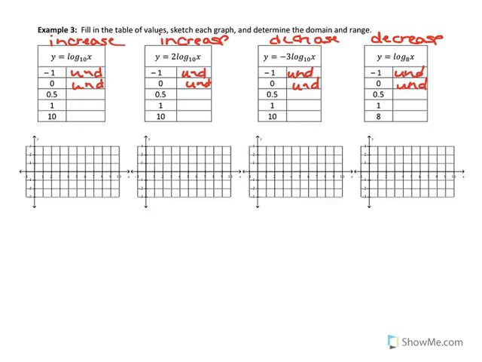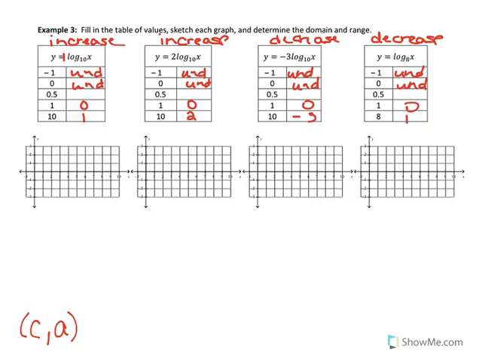Because it has not been translated in any way, we know we have a point at 1 and 0. They will all have an x-intercept, and they will all have a point at c, comma a. So for the first one, it is 10 and 1. There's a 1 in front of this. The next one will be 10 and 2, 10 and -3, and 8 and 1.